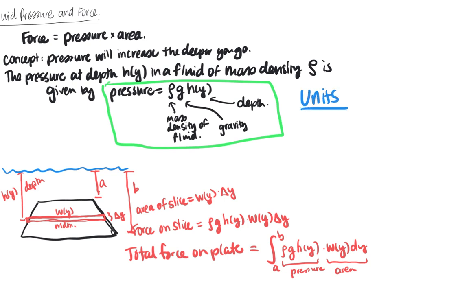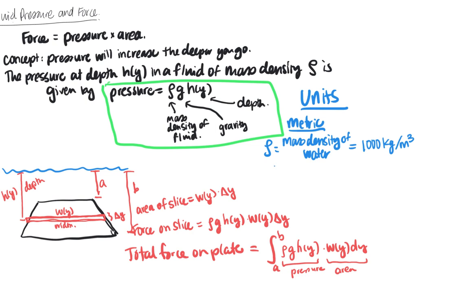Okay, so if I am dealing with metric units, then my mass density of water, this is my rho, is going to be equal to 1,000 kilograms per meter cubed.